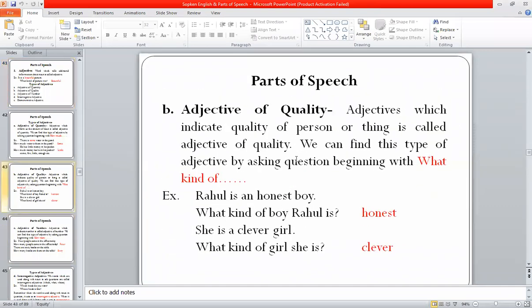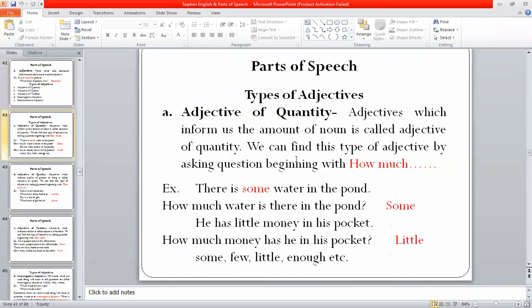First type of adjective is adjective of quantity. This is the adjective which informs us the amount of noun, and that is why it is called adjective of quantity. We can find this type of adjective by asking a question beginning with how much. So adjective of quantity means what?